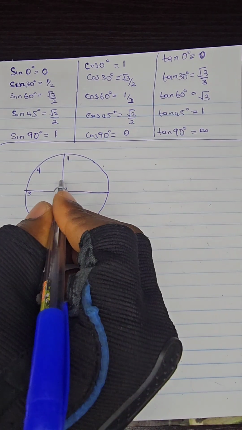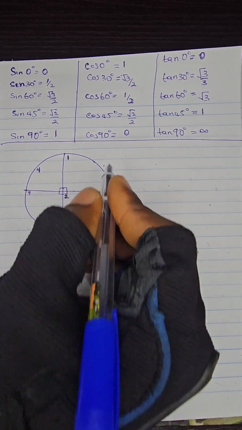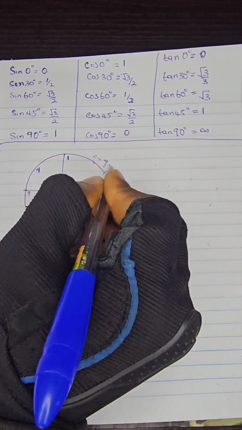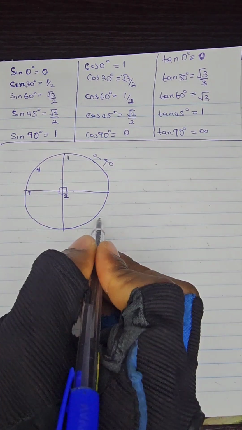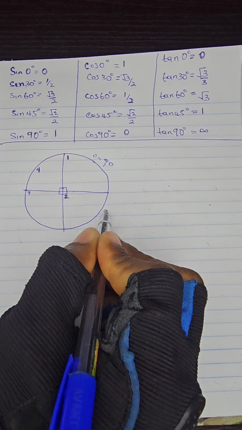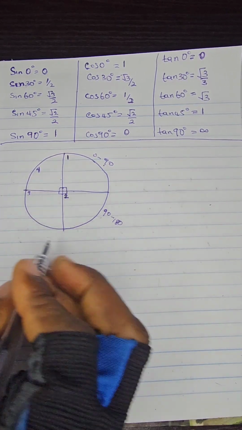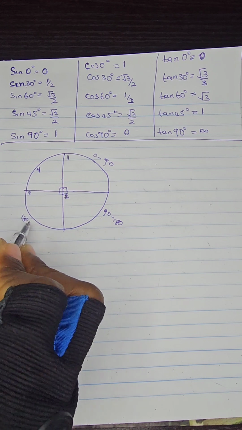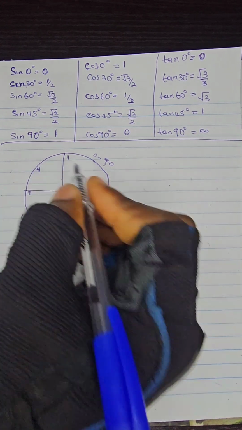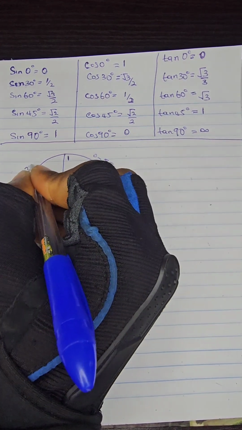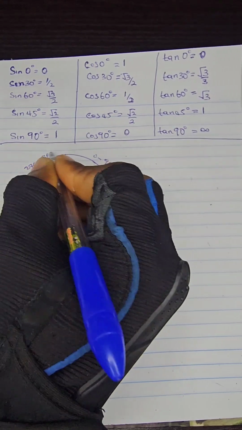So this is from 0 to 90. Second quadrant is from 90 to 180, third quadrant is from 180 to 270, and fourth quadrant is from 270 to 360.